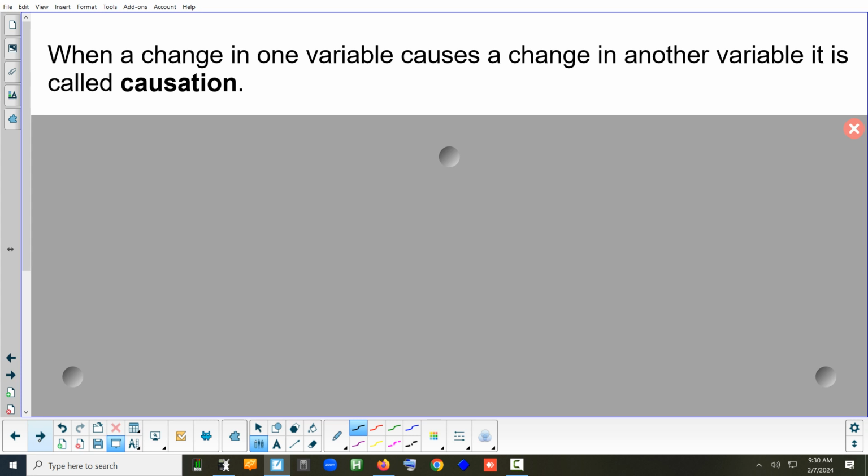Okay. Here's an example of causation. Let's say you're exercising on a treadmill. The more time that you spend on the treadmill, what do you think is going to happen to the number of calories you burn? Increases. The more time you stay on the treadmill, the more calories you're going to burn.